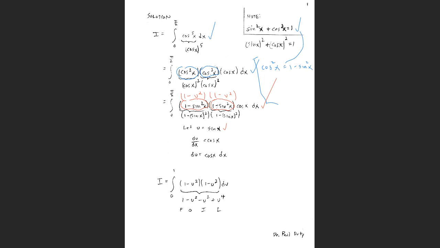And the cosine of x dx will turn out to be du, because if u equals the sine of x, du will be cosine of x dx. The limits also have to get changed. This whole integral with respect to x is going to become this integral with respect to u.